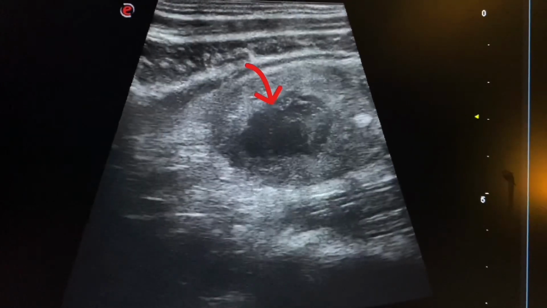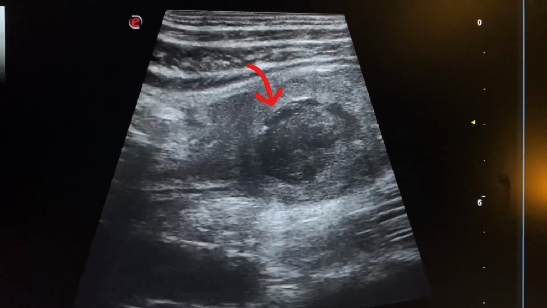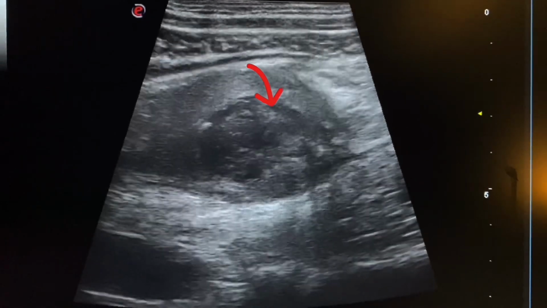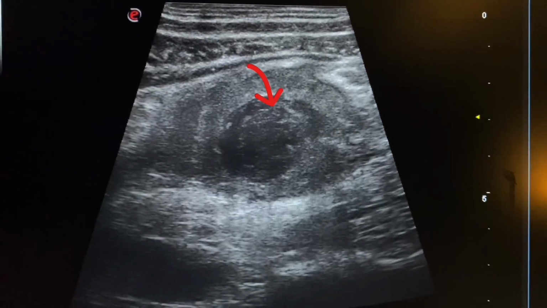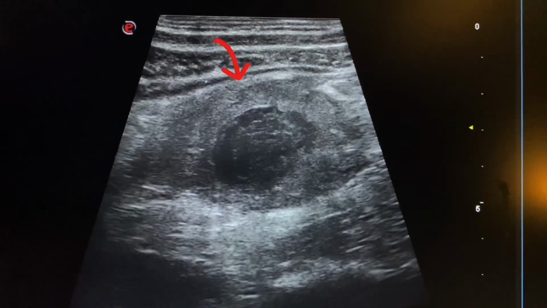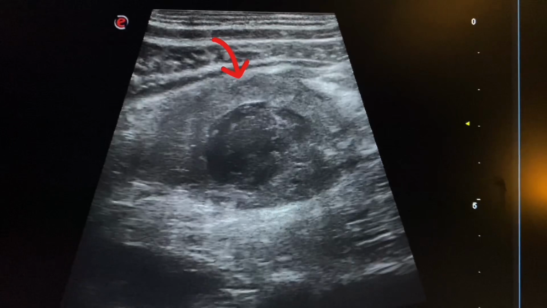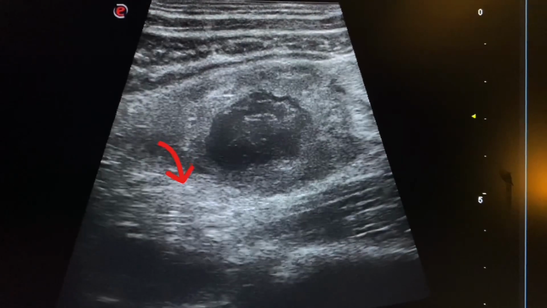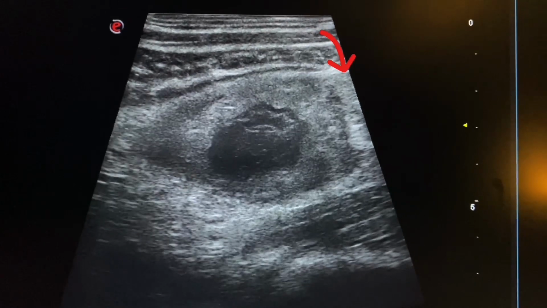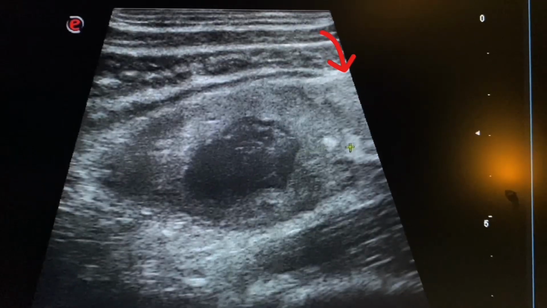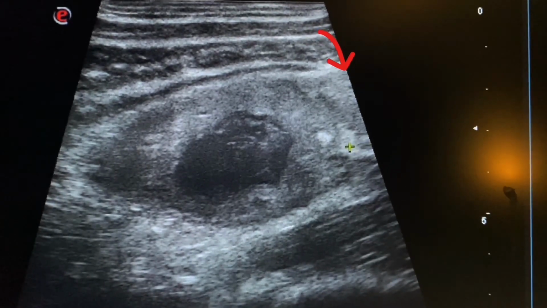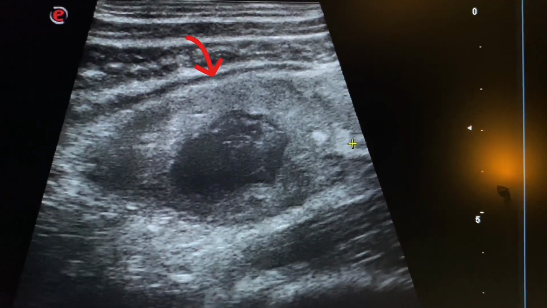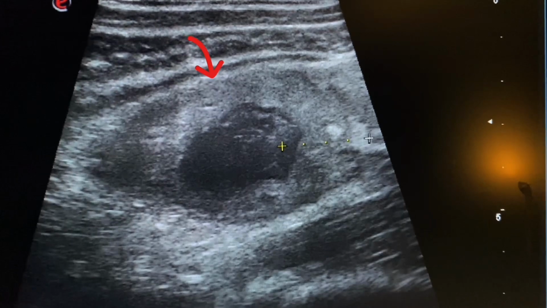This mass has a central hypoechoic structure surrounded by echogenic structure, and it also seems like there is a collection around this mass. And also we see an echogenic area surrounding the mass due to inflammation. Now we measure the size of this mass.